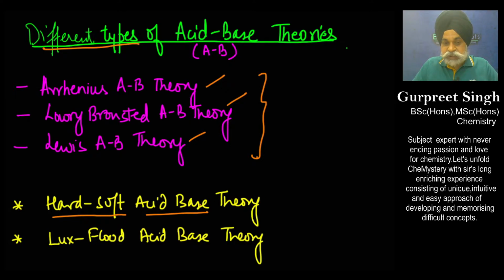But this theory has some application in inorganic chemistry as well as a bit of organic chemistry. Basically this theory is nothing but an extension of the Lewis theory itself. It was proposed by Pearson, who proposed some other things along with what was proposed by Lewis.